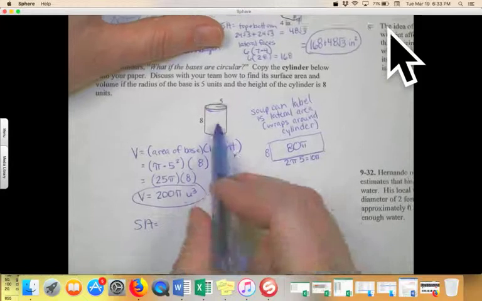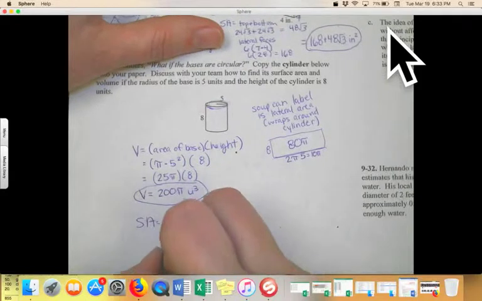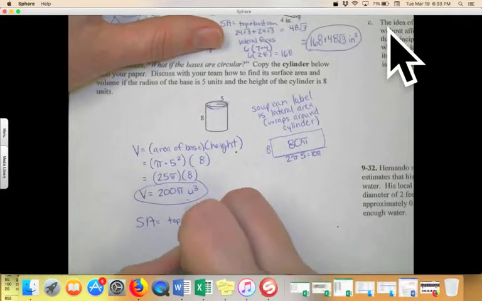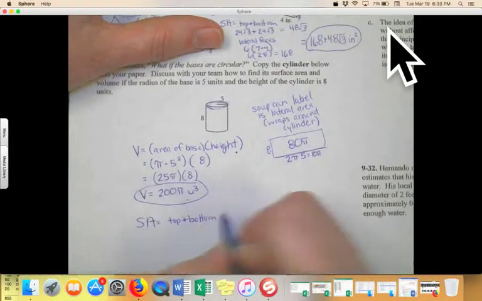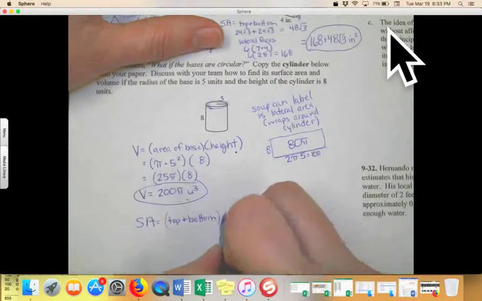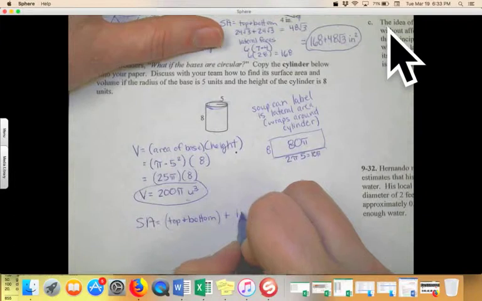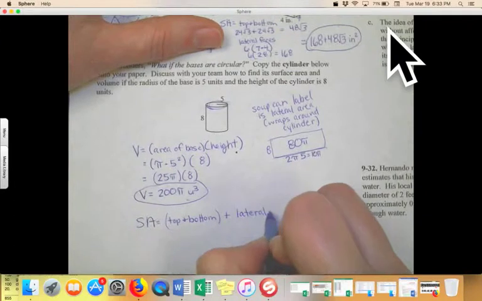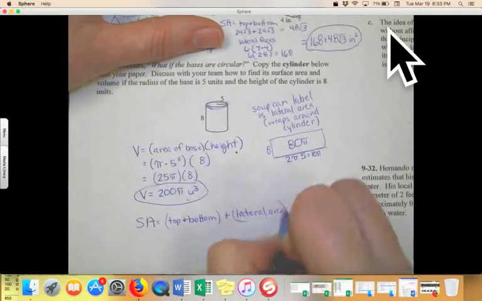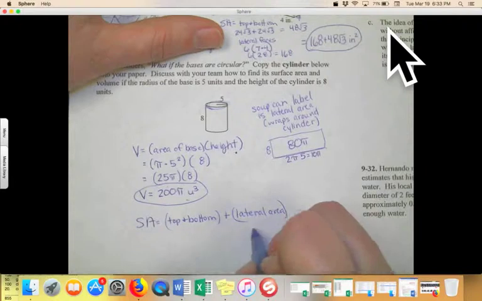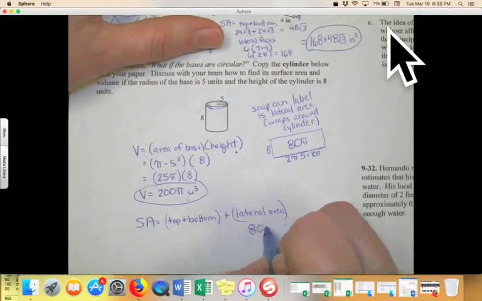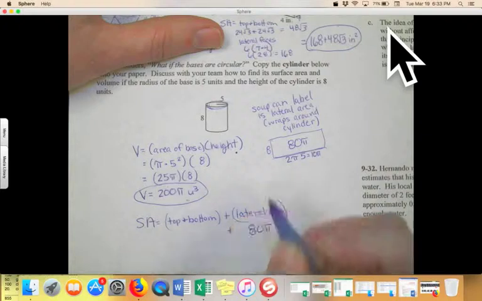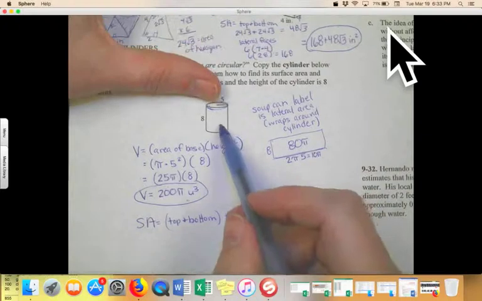So for your surface area, you need the top and the bottom. Okay, then you're going to add to that the lateral area, which is the label. So we have already found our lateral area, which is 80 pi. We just need the top and the bottom, which I do believe we already have.